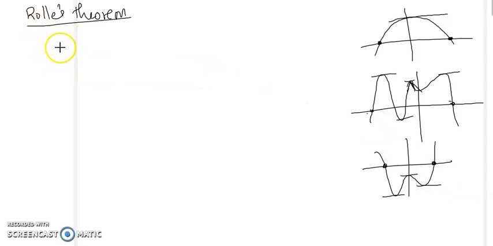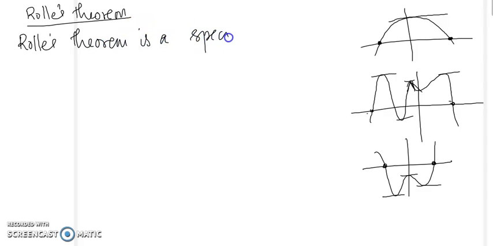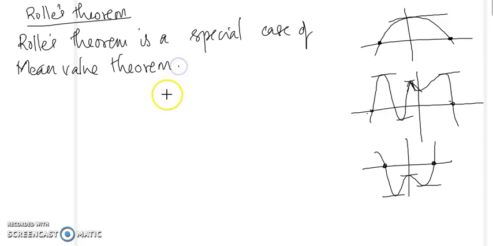So let us first look at the geometrical meaning. Rolle's theorem is a special case of the mean value theorem. We will be seeing the mean value theorem in the next class. So today we will see just Rolle's theorem and its associated proof.